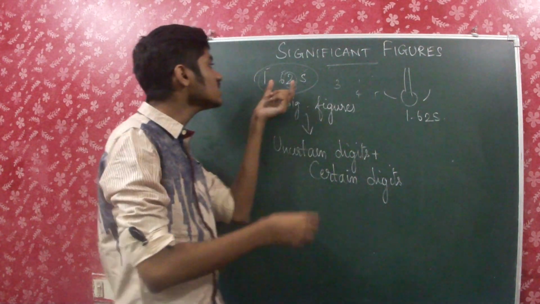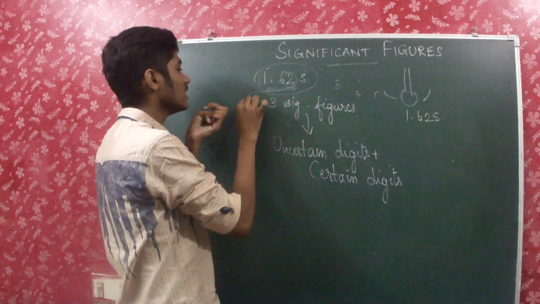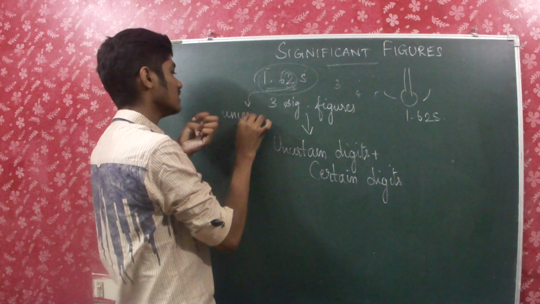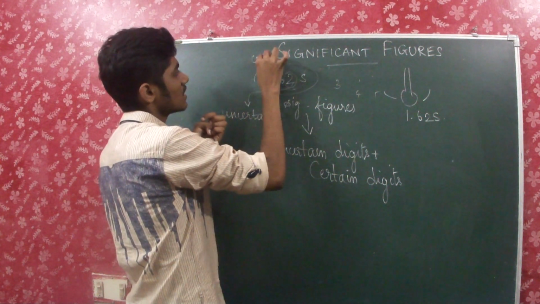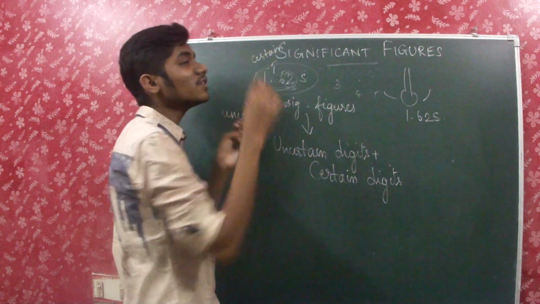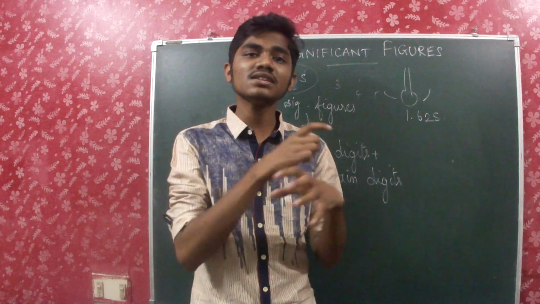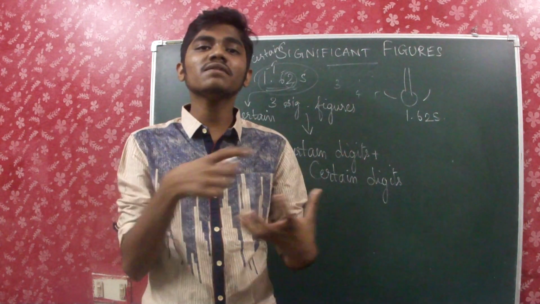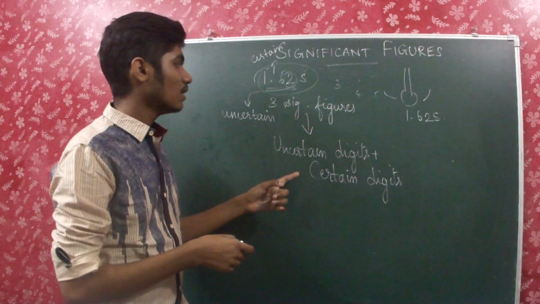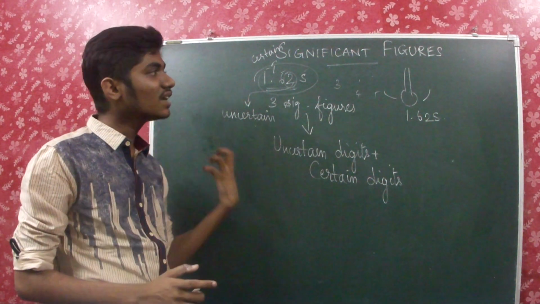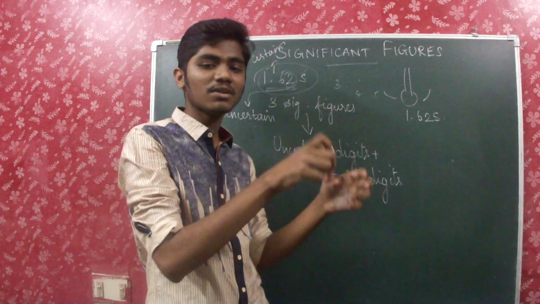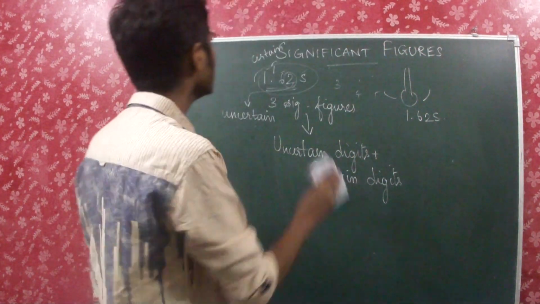So this digit is known as an uncertain digit, whereas the other two digits are known as certain digits. The total number of certain and uncertain digits in a given measurement is known as significant figures.